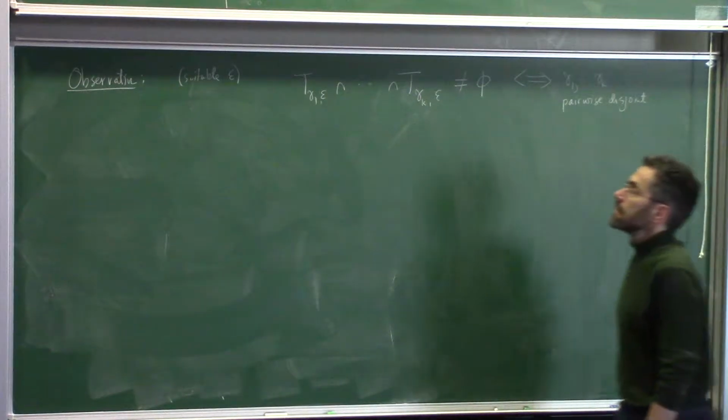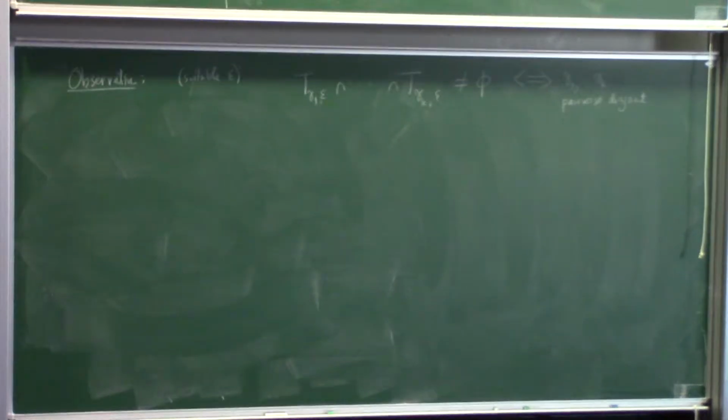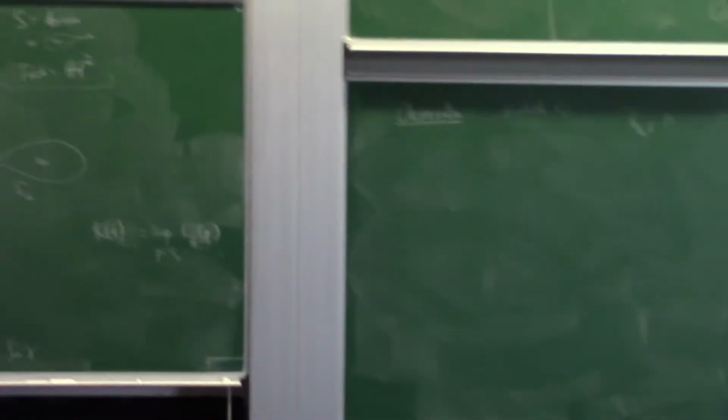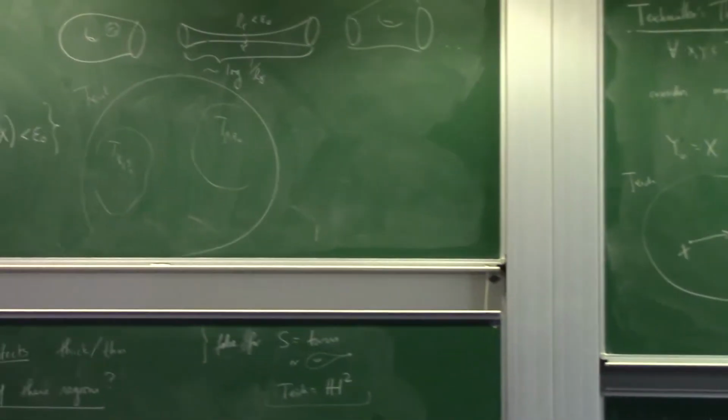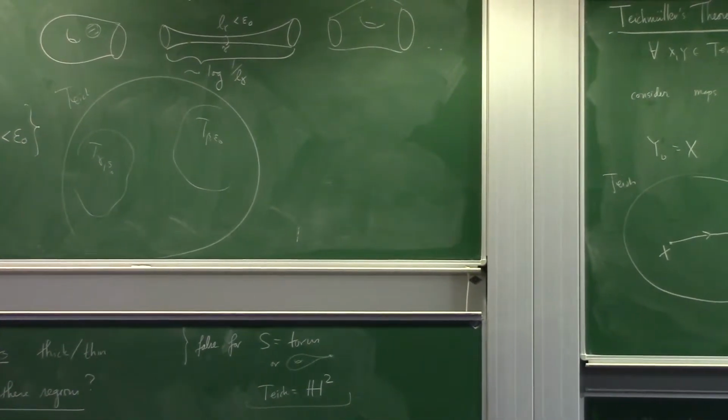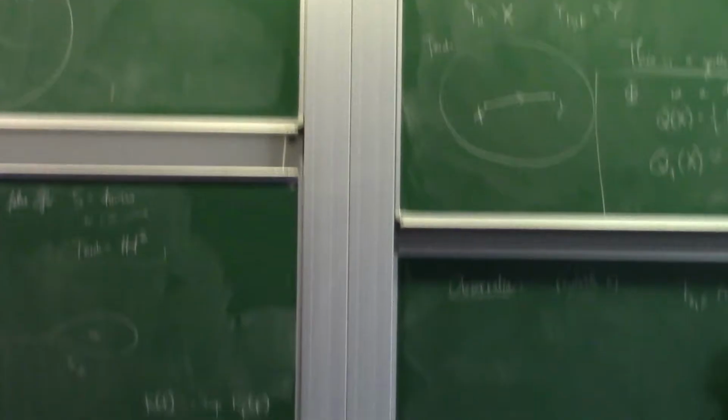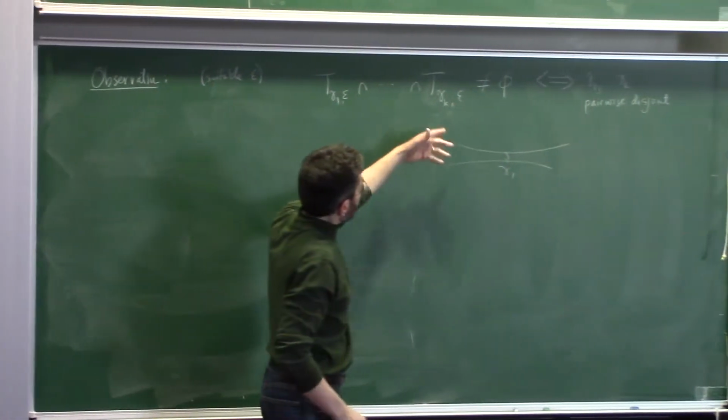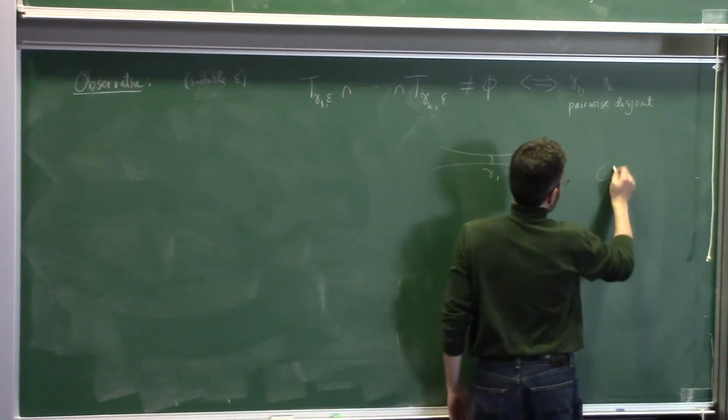The reason is this picture I drew of the collar up there. It's just evident, right? If gamma 1 is short and gamma 2 is short for the same geometry, they have to have disjoint collars.